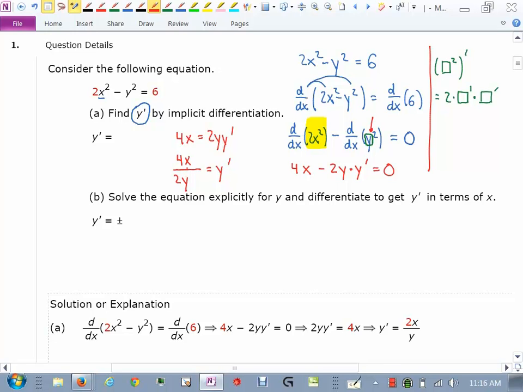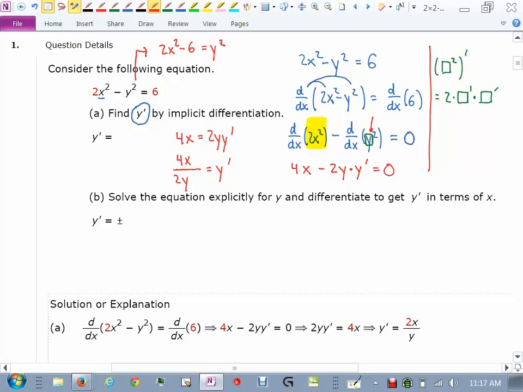At this point, what we need to do is see if there's a way that we can simplify or clean this up, because we'd like our derivative to be in terms of x only. So is there a way in this problem to solve this for y? How about this: 2x squared minus 6 equals y squared.